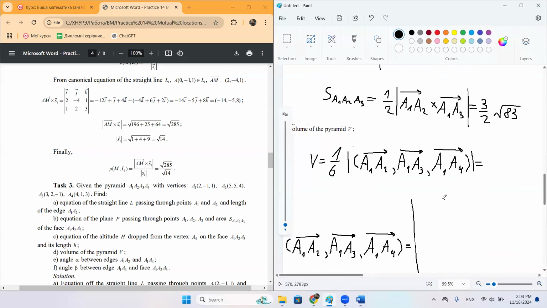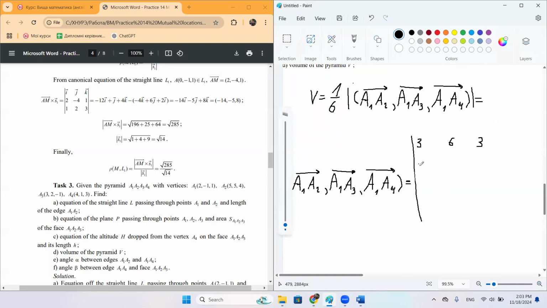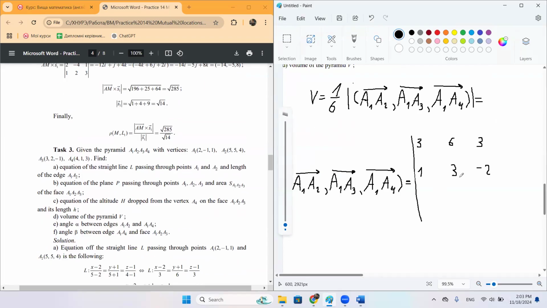So 3, 6, 3, and then 1, 3, minus 2, and A1A4 has coordinates 2, 2, and 2.